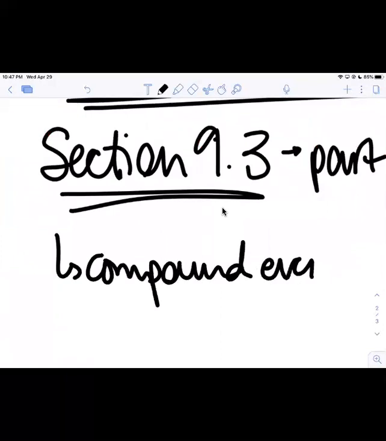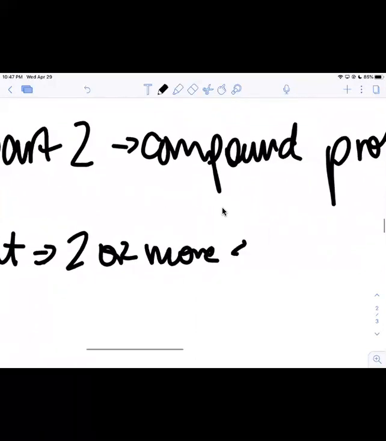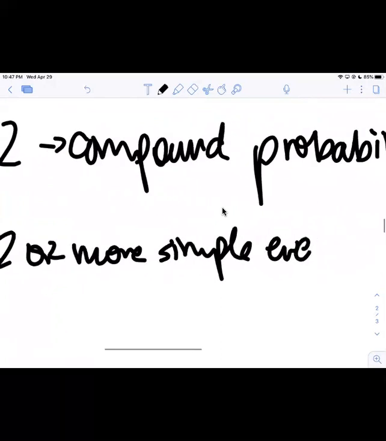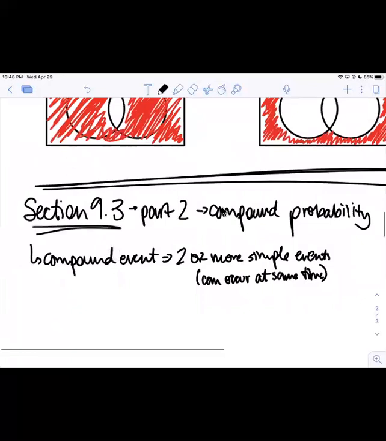A compound event is two or more simple events, and they can occur at the same time. We're going to talk about a lot of examples with these, so if you don't already know what's going on, just hang tight.